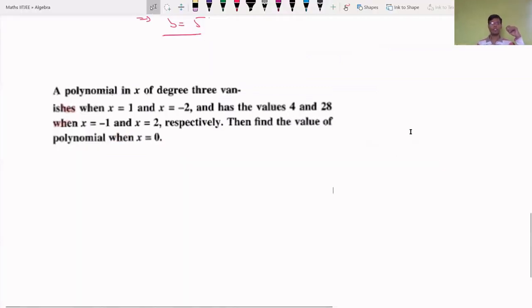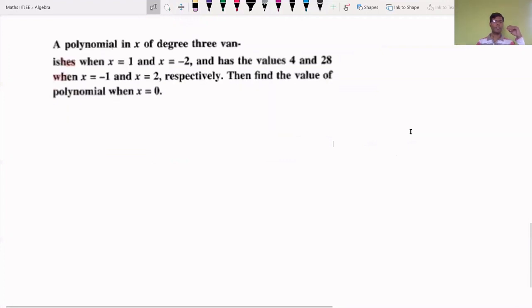So next question says, a polynomial in x of degree 3 vanishes when x is equal to 1 and x is equal to minus 2, and has the values 4 and 28 when x is equal to minus 1 and x is equal to 2 respectively. Then find the polynomial when x is equal to 0. Simple.